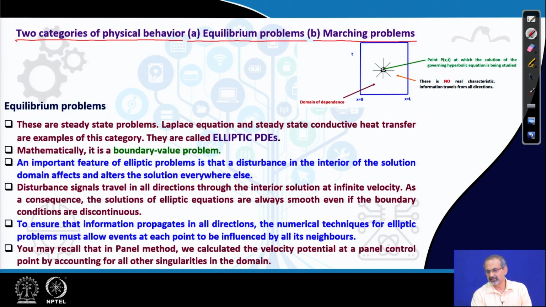We will find that these three different categories fit into one of them, either equilibrium problems or marching problems, and then we will also try to understand what we mean by them. First, let us discuss equilibrium problems, and of course, you may recall that this figure pertains to elliptic equations.